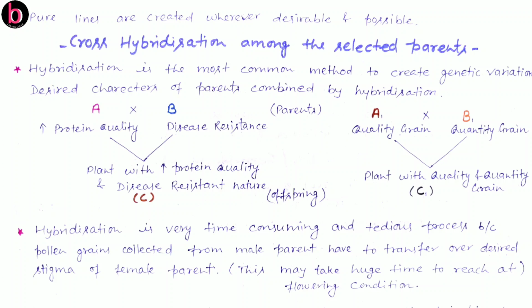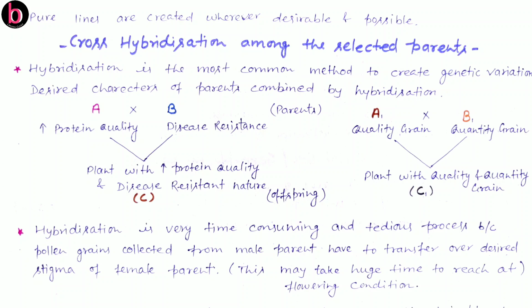What is hybridization? Hybridization is simply fertilization, where there is fusion of two opposite types of gametes coming from their respective parents, male and female. Before hybridization, there is gametogenesis, most of the time followed by meiosis, and meiosis is known for crossing over and recombination that cause genetic variation.